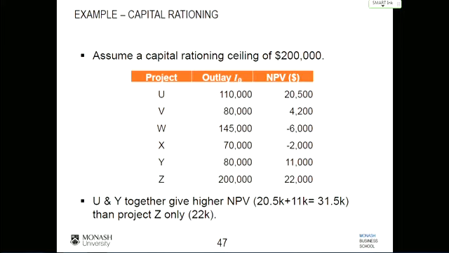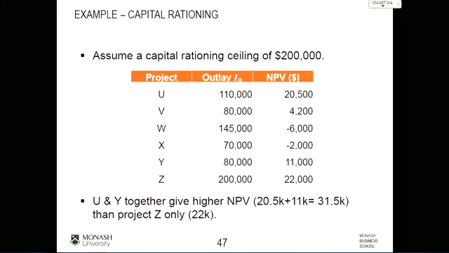If you look at this example, if the firm only has $200,000, instead of investing in all of the profitable projects, U, V, Y, and Z, with a positive NPV, the firm would have to make a decision of what would be the best combination of projects to bring them the highest total NPV.